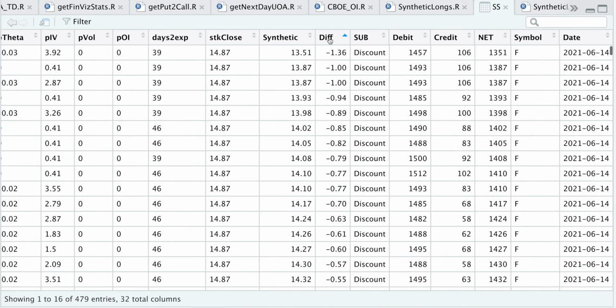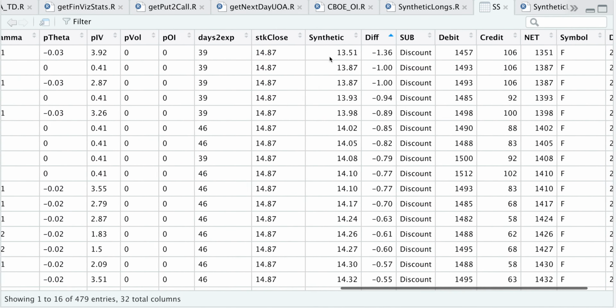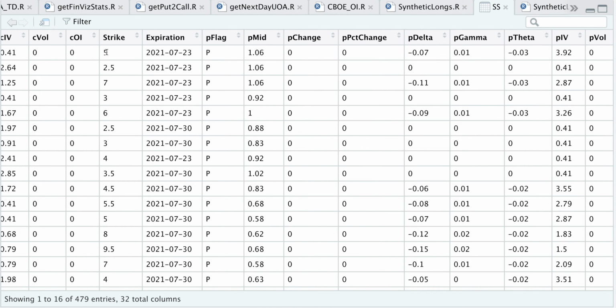But we can actually sort these, and if we sort from lowest to highest, we see that the largest discrepancy is for this combination with 39 days to expiration. Our stock closed at $14.87 and the synthetic is actually priced at $13.51. So there's $1.36 of a difference. If we take a look at the strike, this is for the $5 strike that expired 7/23/2021.